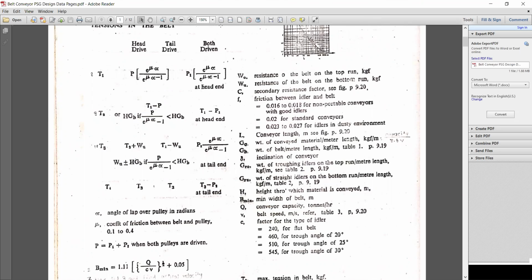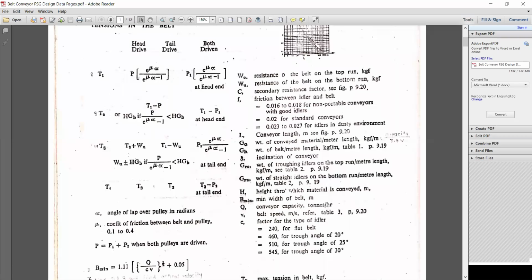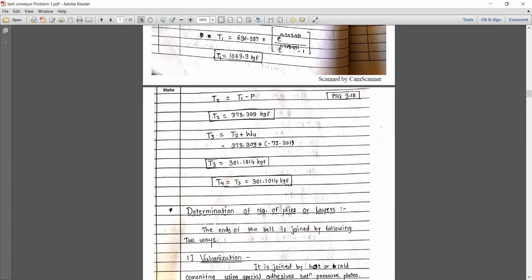Go to the next. After calculation of T1, now next we go for calculating the value of T2. For T2, the equation given in the data book, we just look over here. For head drive, it is T1 minus P. By considering this same equation, we can use in our design T2 is equal to T1 minus P. We know the value of T1 and P. Putting all the values, we get T2 is equal to 373.309 kgf.